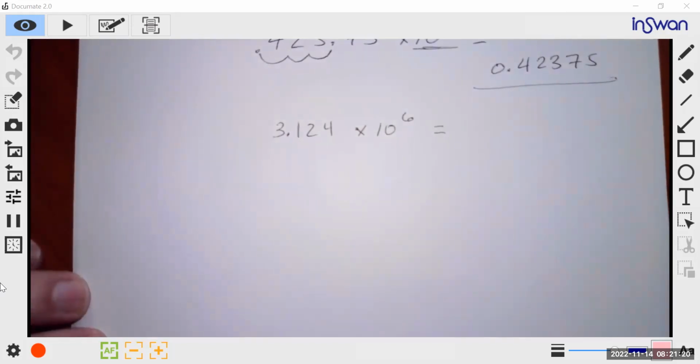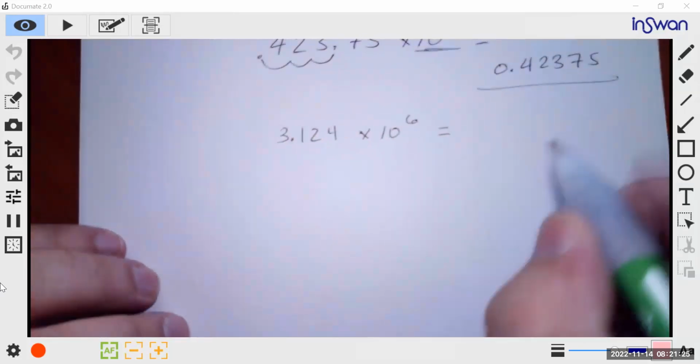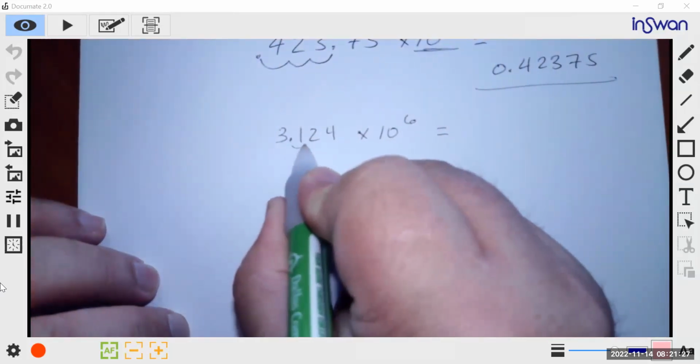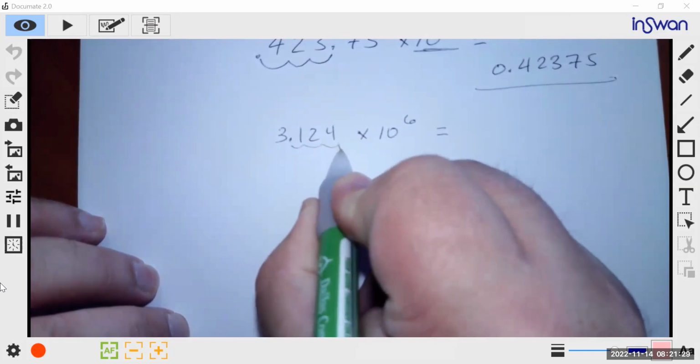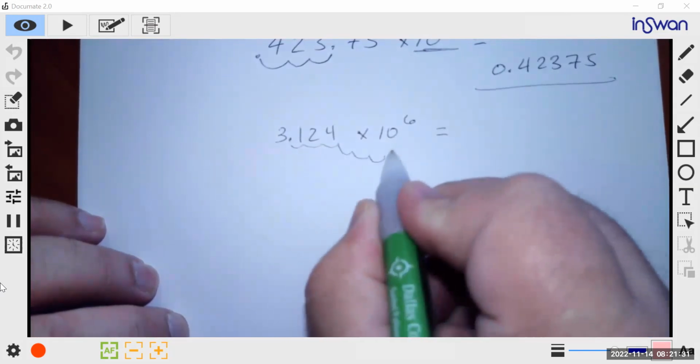What direction do we move it? To the right, because it's positive. How many spaces? 6. So we move it 1, 2, 3, 4, 5, 6.